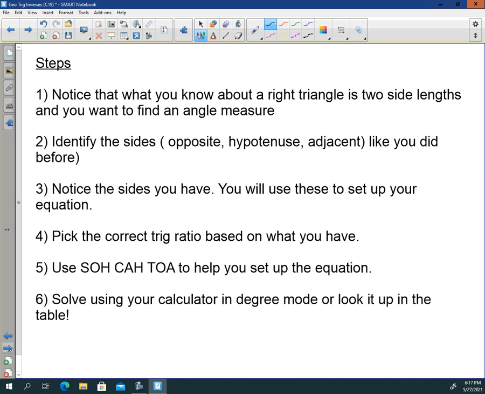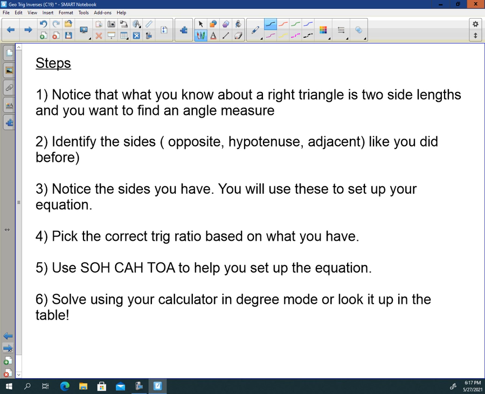So here are the steps for finding an angle measure if you have two side lengths of a right triangle. Notice what you know about the right triangle is two side lengths, and you want to find an angle measure. Next, you're going to identify the sides. Then you're going to notice the sides that you have, and you're going to use these to set up your equation. Then you're going to pick the correct trig ratio based on what you have.